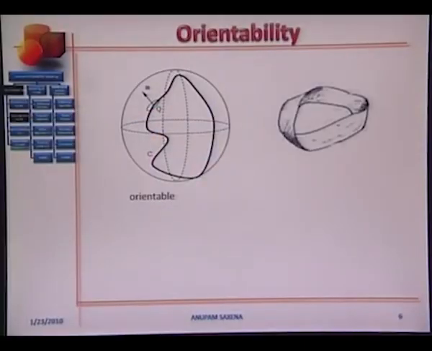The next example is of a Mobius strip. Imagine now that you are standing at point Q with your head pointing upwards.